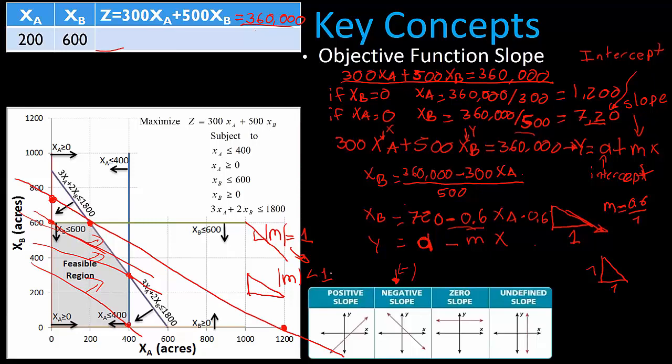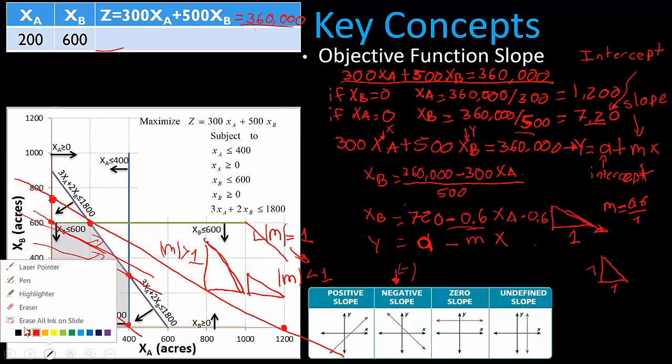What will happen with the other case? When m is greater than 1, basically for 1 unit on the run, it will be a little bit more on the rise. So this will be steeper. What this means is that this one is steeper, this one is less steep, and this is actually at 45 degrees.